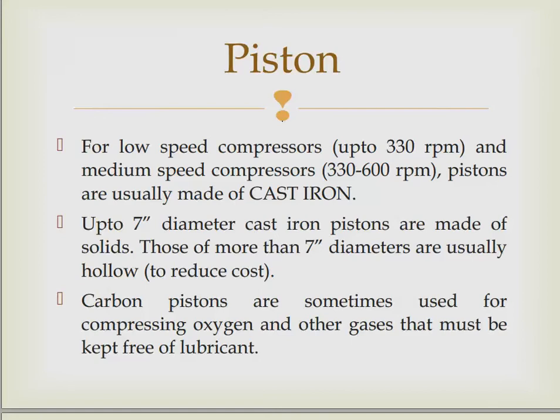Up to 7-inch diameter, cast iron pistons are made solid. Those of more than 7 inches diameter are usually hollow. Carbon pistons are sometimes used for compressing oxygen and other gases that must be kept free of lubricant.